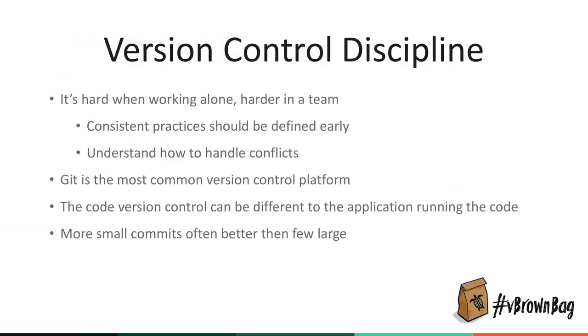Okay. Version control is a huge part of infrastructure as code. It's a huge part of code in general. When you start dealing with version control, there are a lot of different terms and a lot of different ways to do things, and it can be fairly complicated.